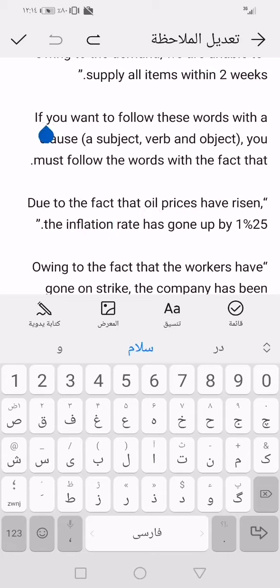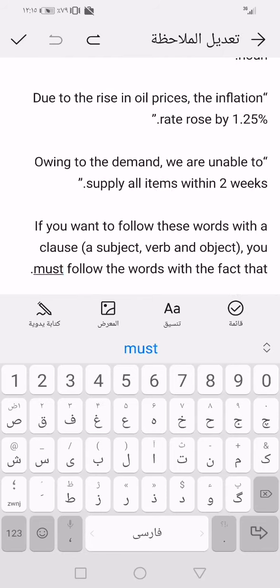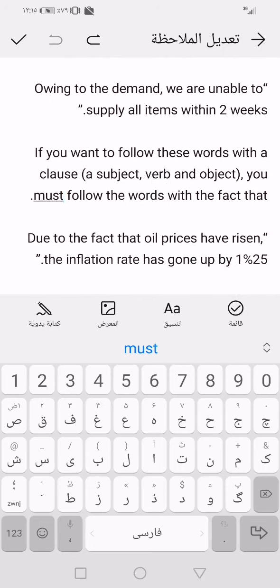If you want to follow these words with a clause, إذا تريد أن تسبق هذه الكلمات بعبارة subject, verb and object, you must follow the words with the fact that. يعني إذا أريد أخلي عبارة بعد هاي الكلمات اللي ذكرناها فوق، لازم شو أسوي؟ أضيف فاعل أو فعل أو مفعول به. أعيد إذا ما كانت واضحة.